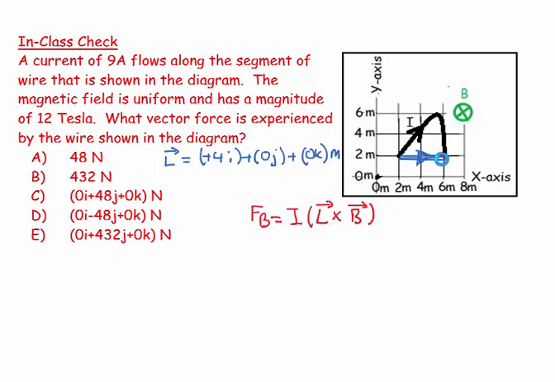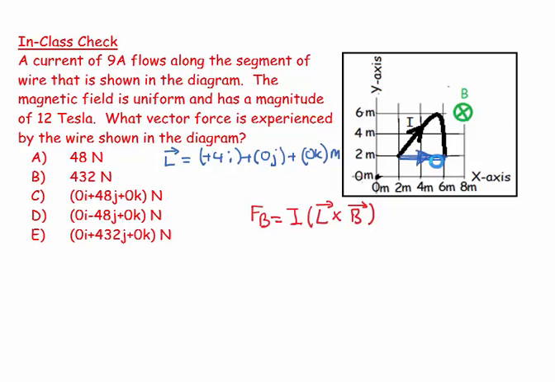So I drew it, and I decided which direction to put the arrow, and then I looked at my axes, my x-axis, my y-axis, and by implication my z-axis coming out of the paper. And I recognized that it was a length of 4 meters that only had an x component.